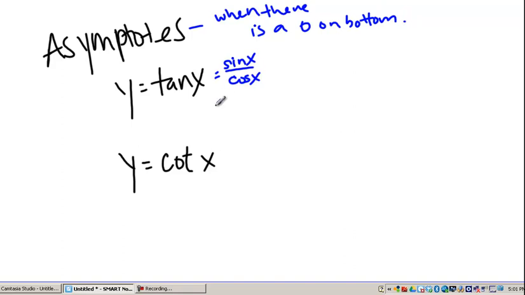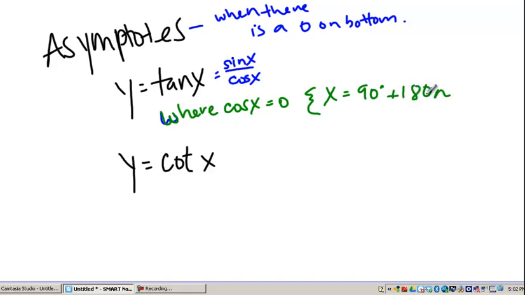So with tangent, it is where cosine of x equals 0, which would be where x equals 90 plus 180n.